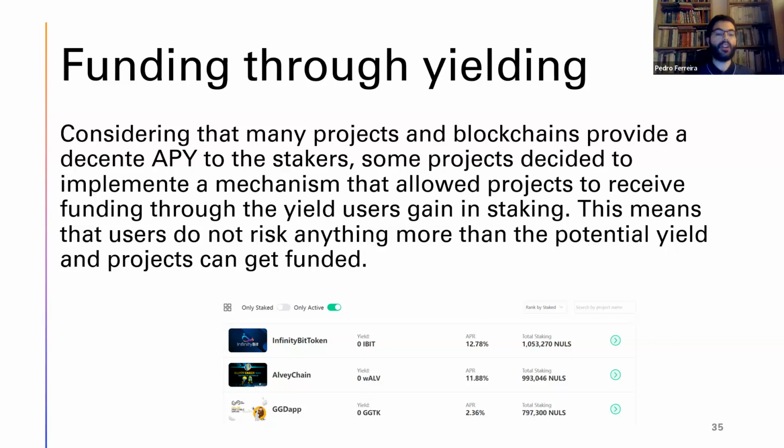That means that you are not investing in the project with your tokens, but you are investing with your yield. You still have your Ethereum that is staked, but just your yield is going to be risked by investing in another project. This is funding the project at the same time that you do not risk your assets. And that is something that we like because we never like to lose our assets, or at least lose ownership of our assets.